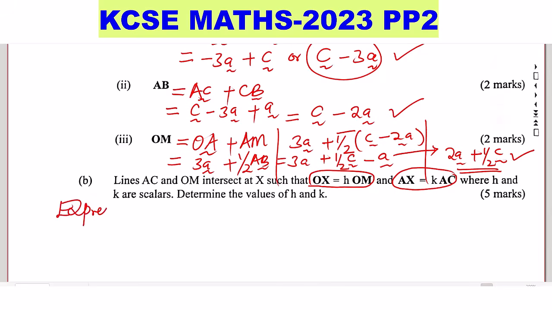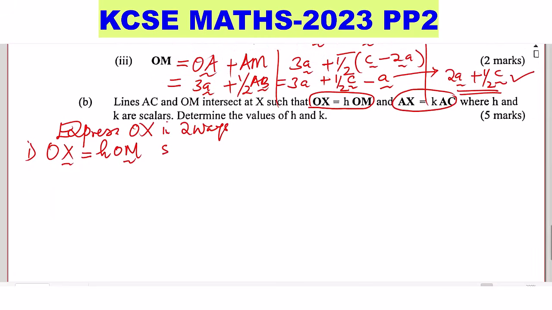So you have to express OX in two ways. And the first way, you're going to use whatever we have there. OX is equals to H OM. That is the first way.